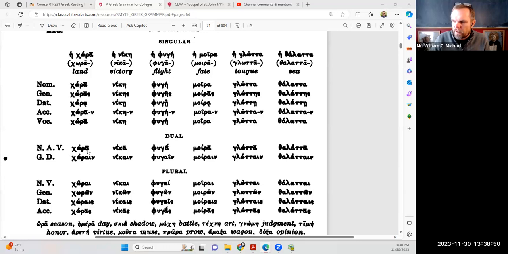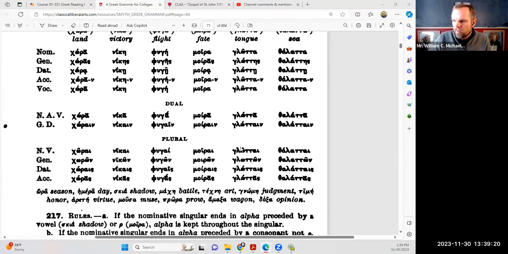We have kora for the nominative, accusative, and vocative form, and then we have korain as the genitive and dative case. Lots of information on that screen, but once you understand what it's showing you, it's not complicated. The dual forms are actually very easy to learn. It's just alpha and iota nu. That's all it is for the dual forms.